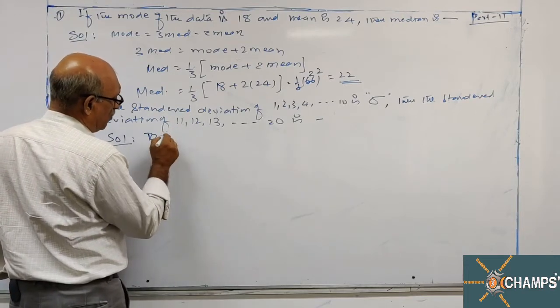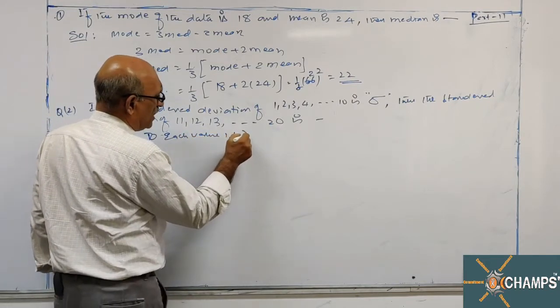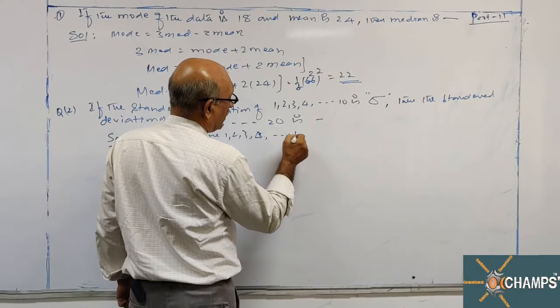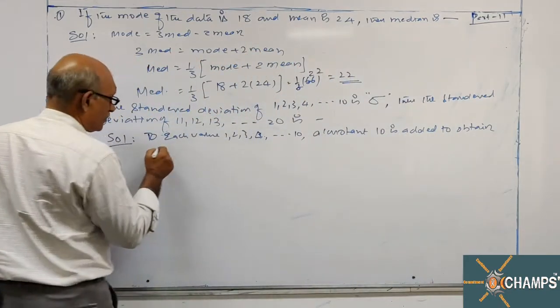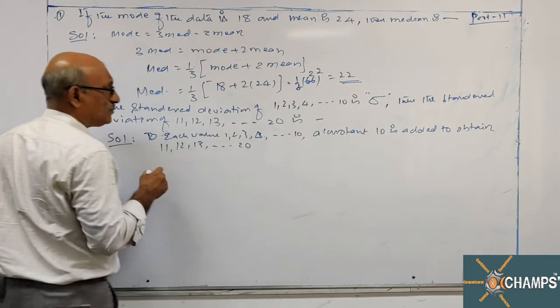To each value of 1, 2, 3, 4, etc. we add 10 to obtain 11, 12, 13, etc.